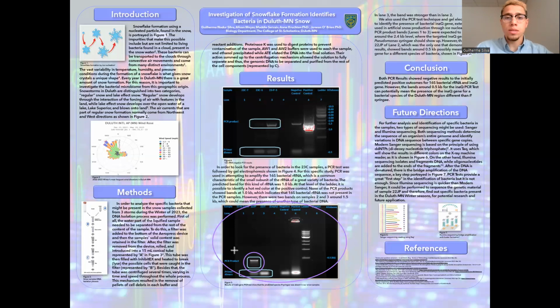However, for this PCR test, we can conclude that possibly we have a kind of bacteria there that has the INAQ gene, which is really important and already used in the artificial snow industry, because it has the potential for being used as an ice nucleation particle if the bacteria has this kind of gene.